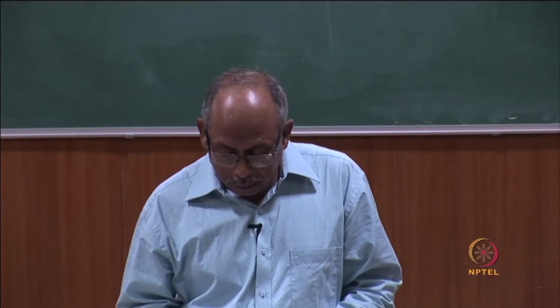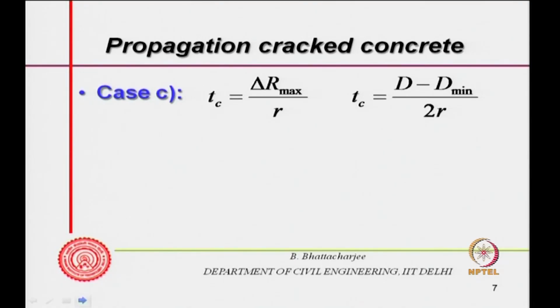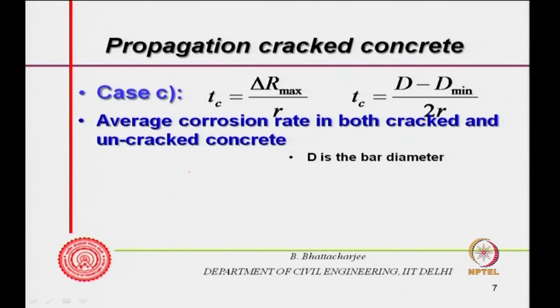So, case C, the last one, the cracking of cover concrete, is given as D minus D mean divided by 2 R, T C is D R max, that we have seen earlier. Now, D is the bar diameter, and the average corrosion rate is for both cracked and uncracked concrete. So, this is for uncracked concrete, this is for cracked concrete, D minus D minimum divided by 2 R, where R is the average corrosion rate for both cracked and uncracked concrete.